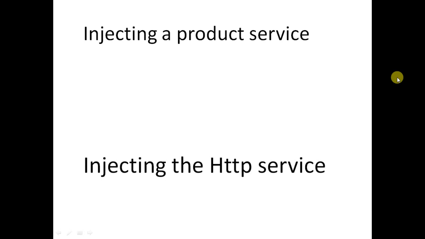Now injecting a product service. Let's create a simple application that uses a product component to render product details and a product service to supply data about the product. If you use the downloadable code that comes with this course, this app is located in the main-basic.ts file in the di_samples directory.